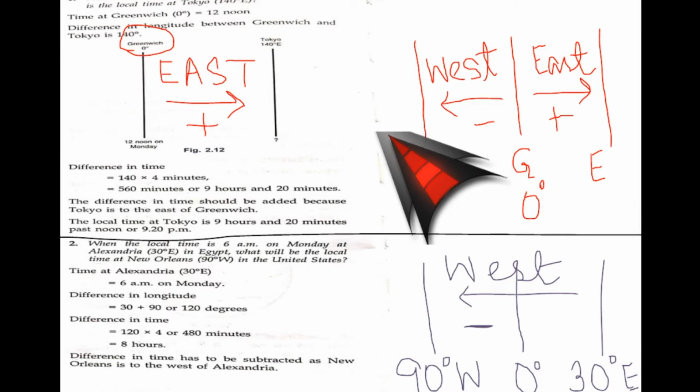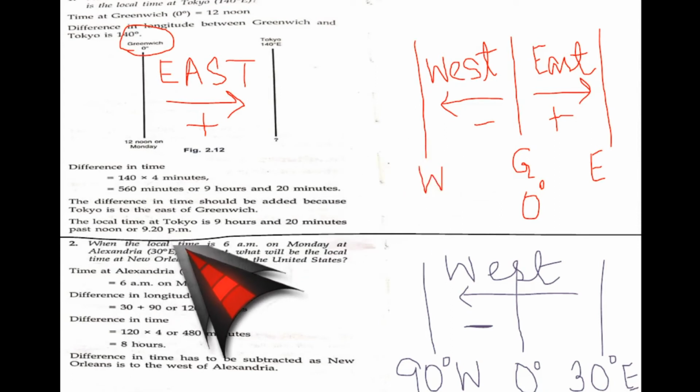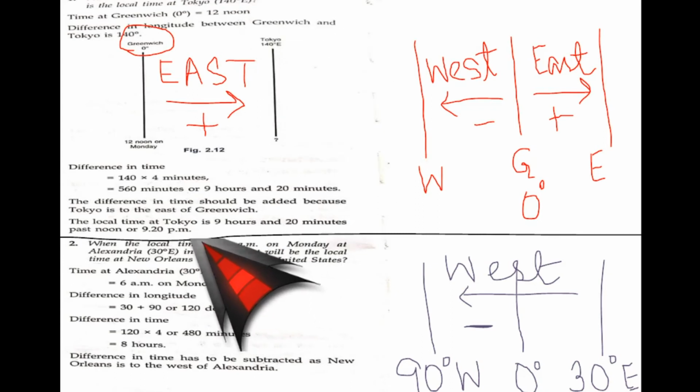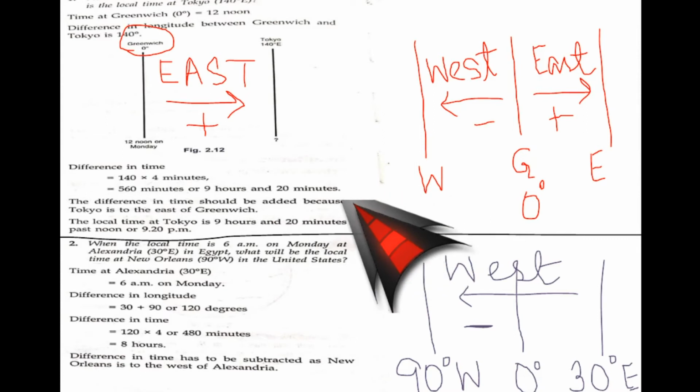From 12 noon, 9 hours 20 minutes ahead means the local time of Tokyo is going to be 9:20 PM, as it is crossing 12 midnight. So now everything will go as a PM value.